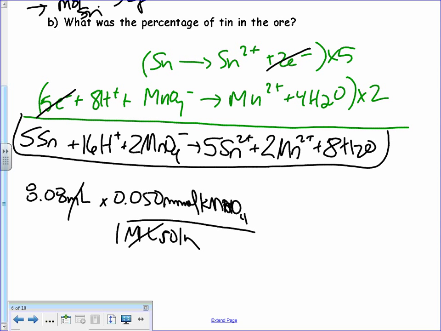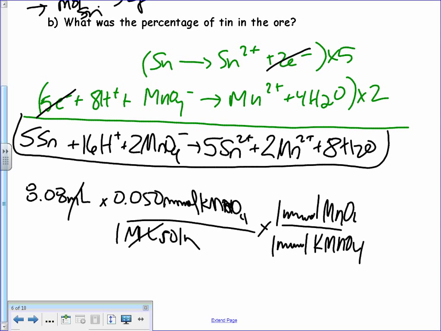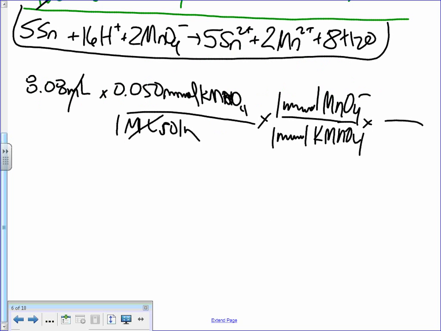I'm in KMnO4. It's an internal ratio of 1 to 1. 1 millimole of KMnO4 contains 1 millimole of permanganate ion. Please put your charges on your ions. That's the definition of ion.